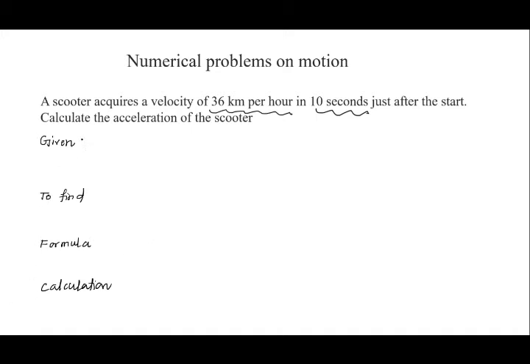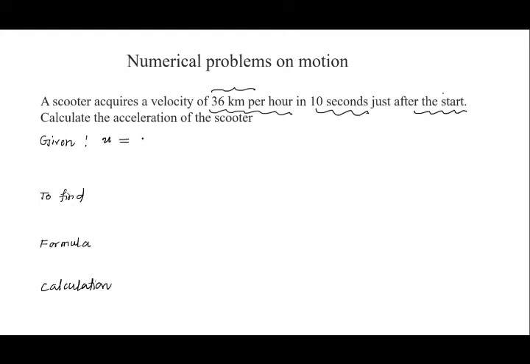Now as far as given is concerned, the scooter acquires a velocity of 36 km per hour in 10 seconds just after the start. As I already told you, before the scooter gets this velocity, it was at rest. Please visualize the problem. Therefore, what is the initial velocity?